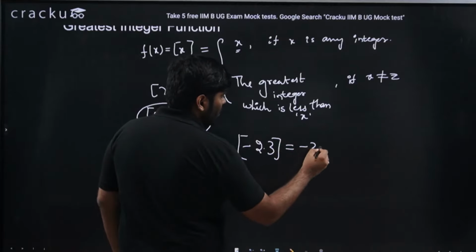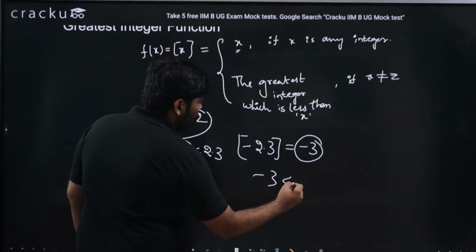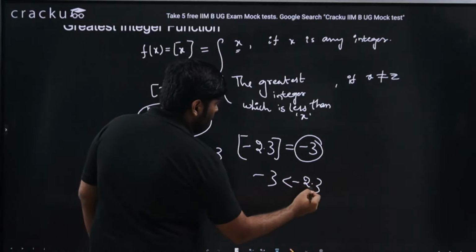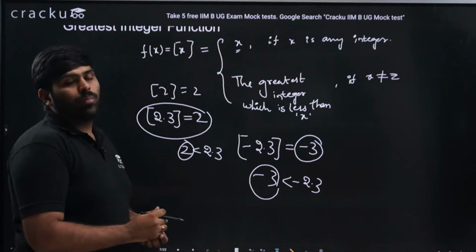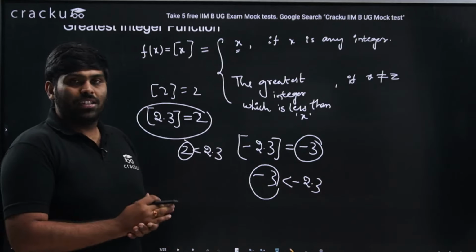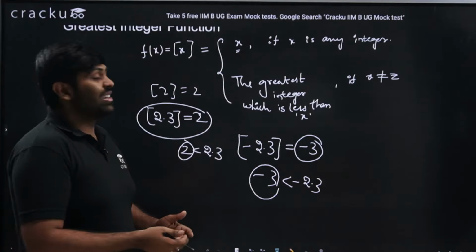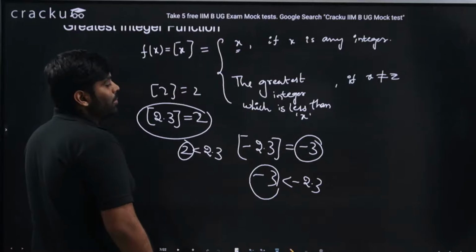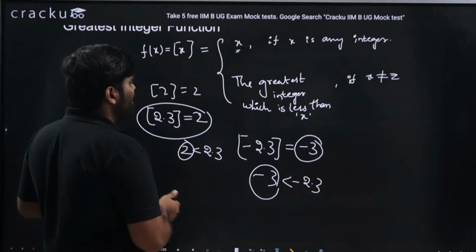That is minus 3, which is definitely less than minus 2.3, and this is the greatest. The next numbers would be minus 4, minus 5. They are less than minus 2.3, but the greatest among all of those is minus 3, right? So the greatest integer function of minus 2.3 will be minus 3.